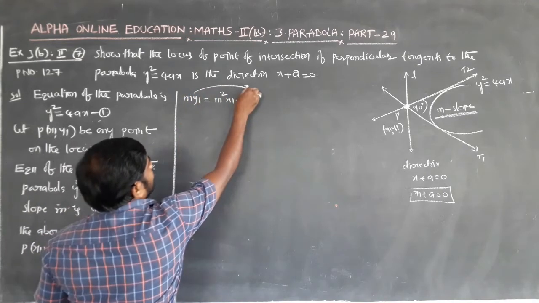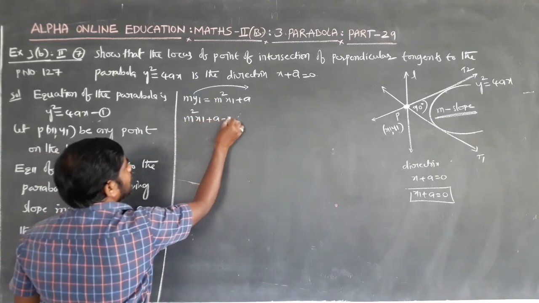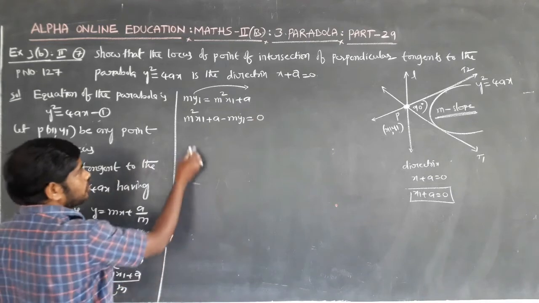Taking my1 to the right side, m square x1 plus a minus my1 is equal to 0.